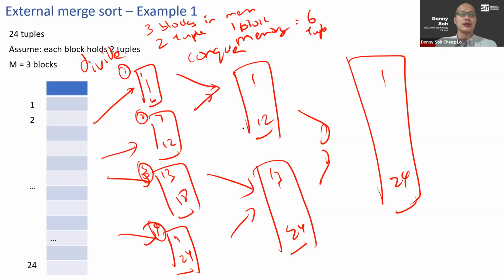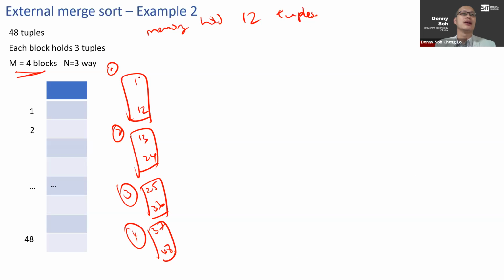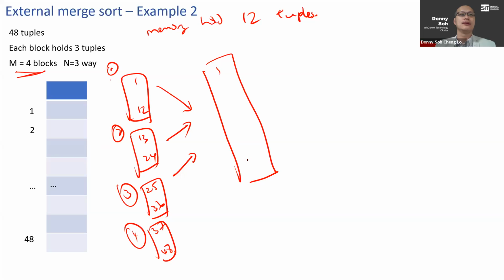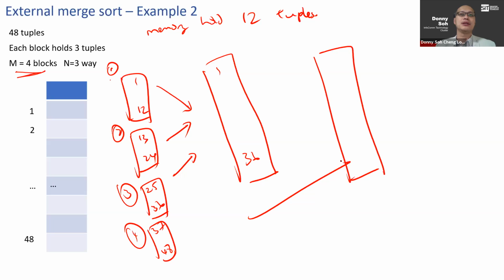So what can occur here is that I can load runs 1, 2, and 3 into the input buffer, to have 1 all the way to 36. So this is a possible scenario. And then thereafter, in my second merge step, carry this out. So this is a possible scenario for this example.